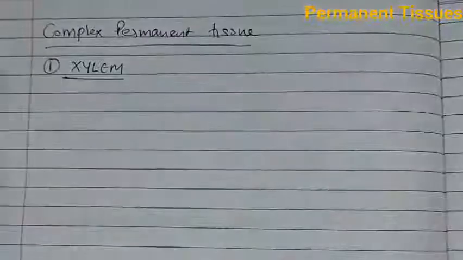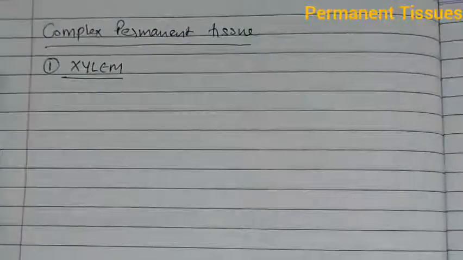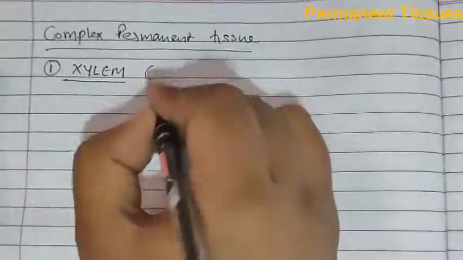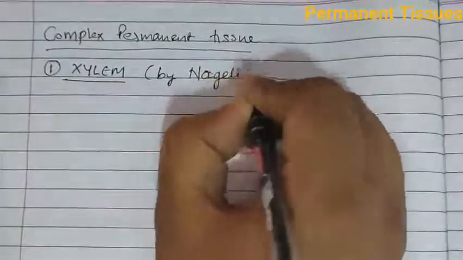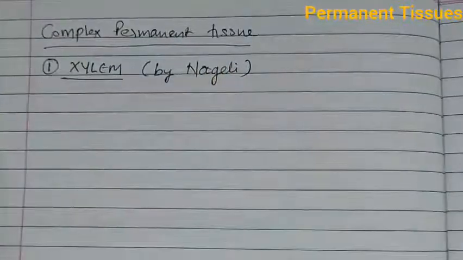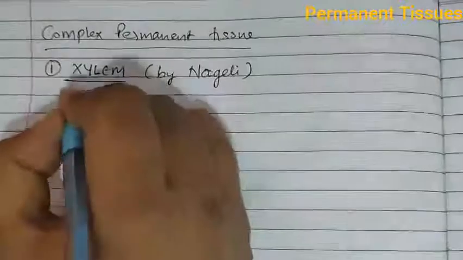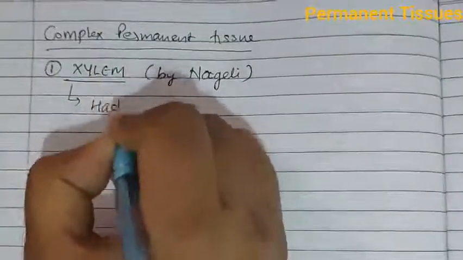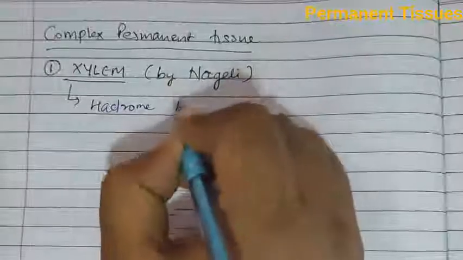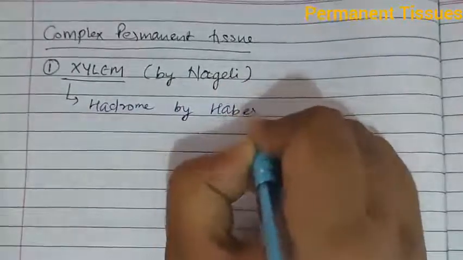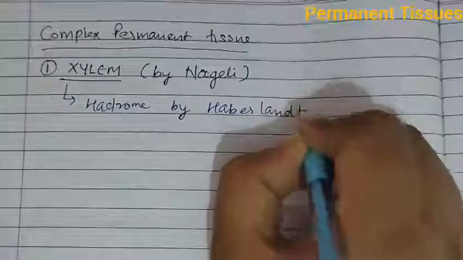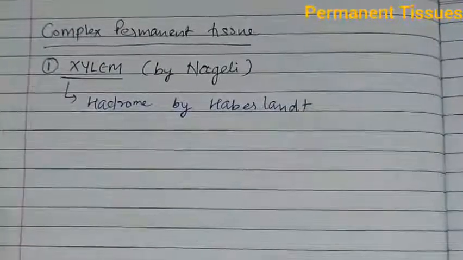First we talk about xylem. This xylem term was given by Nageli, but this xylem is also known as hadrome by Haberlandt.